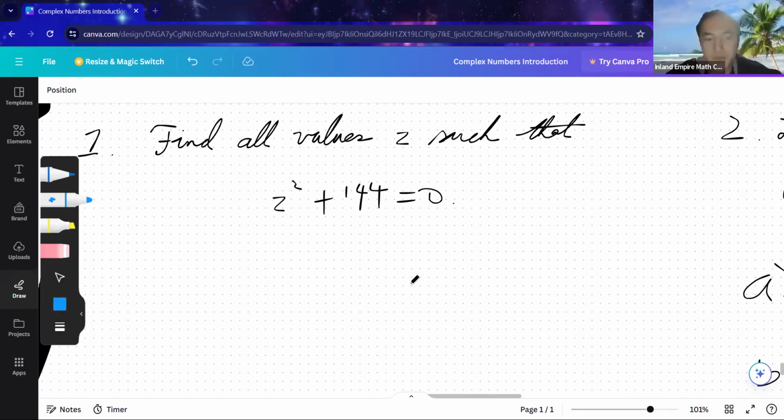That's right, you're trying to solve for z. So it's like your regular equation where you're trying to solve for a variable, except in this case it may or may not include imaginary numbers, since this is what we're talking about today. Exactly, Jasper, that's the point.